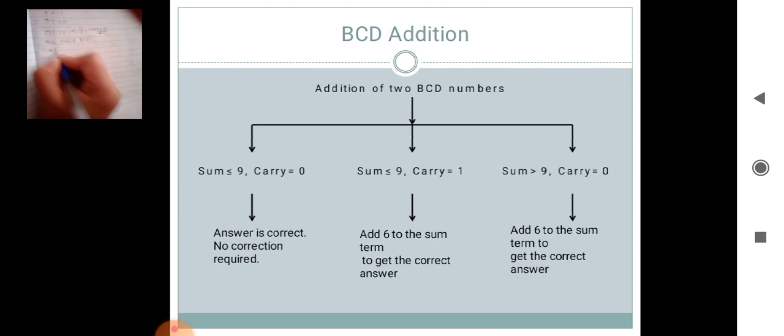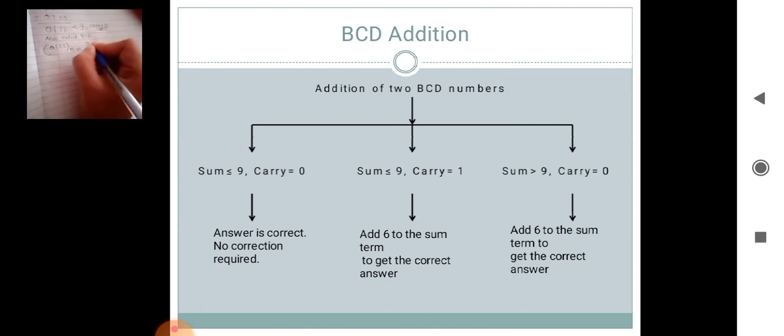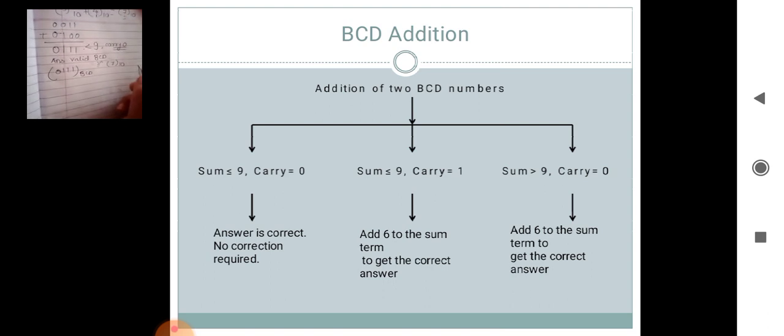So no need to do the correction. This is your BCD, which is equivalent to decimal 7. So this is the first case. We have seen the problem according to the first case. Now we'll see the next example.